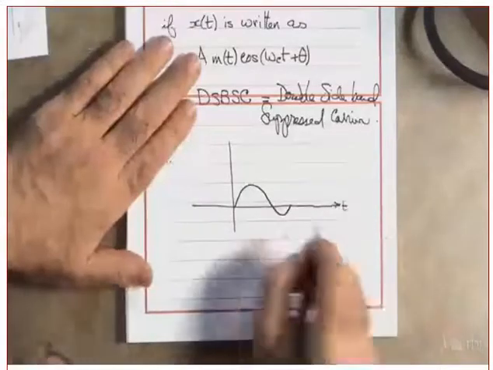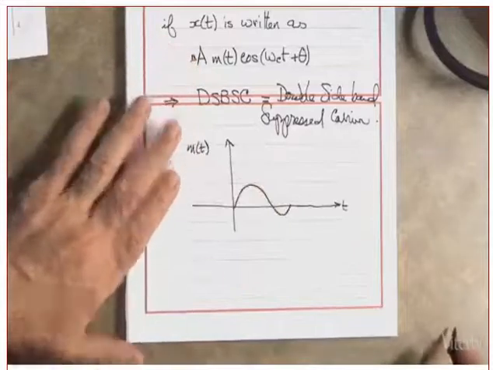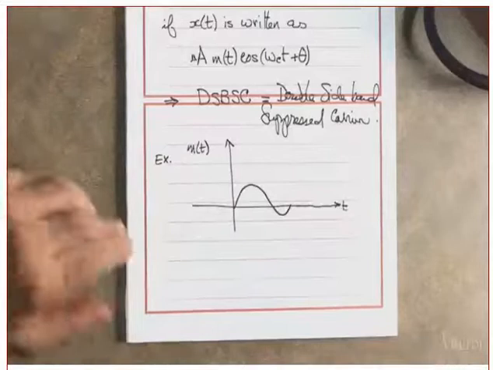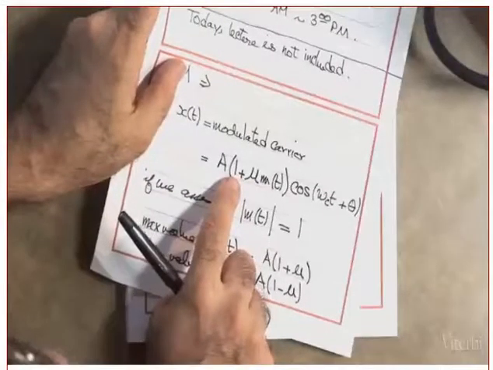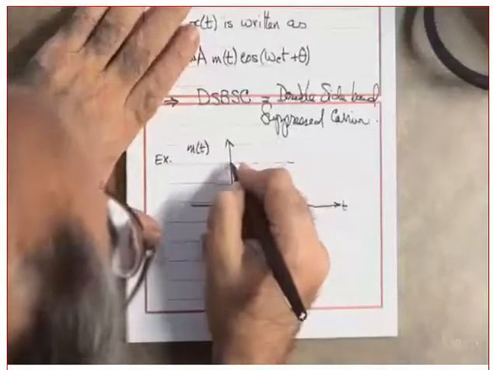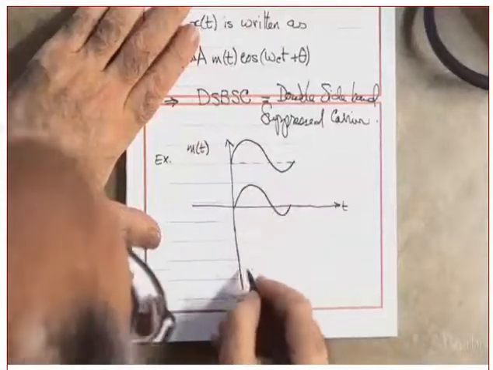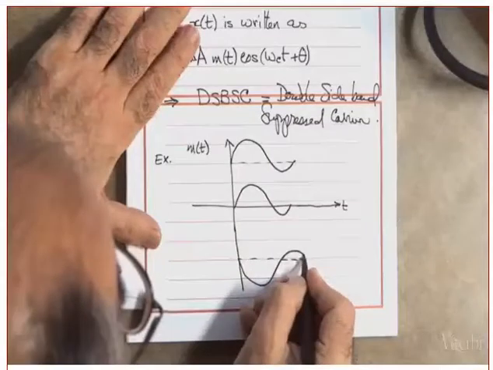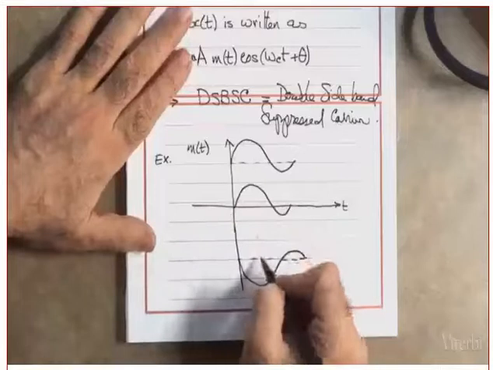This is T, and this is the M of T. Now, first of all, I'm going to push it up by 1. Yes or no? So what do I get? Clear?